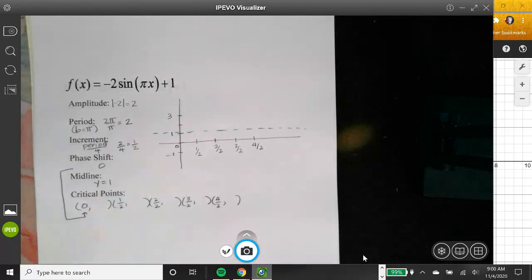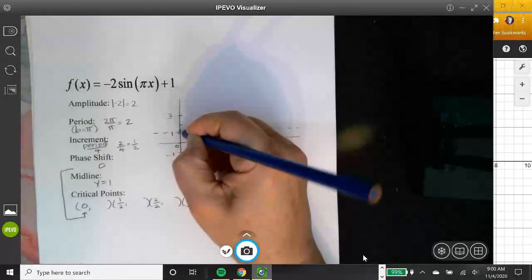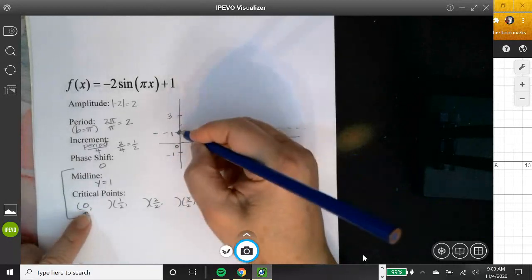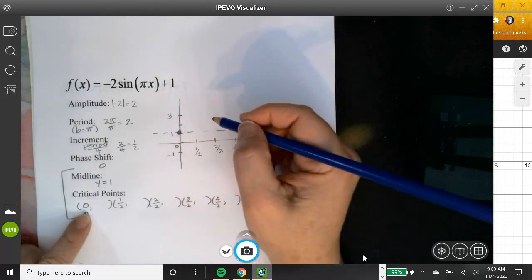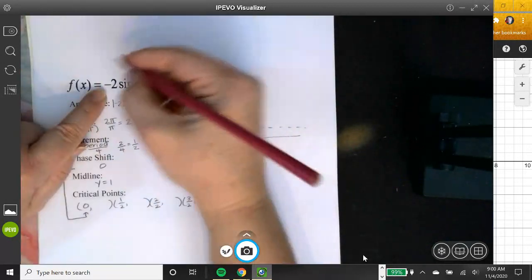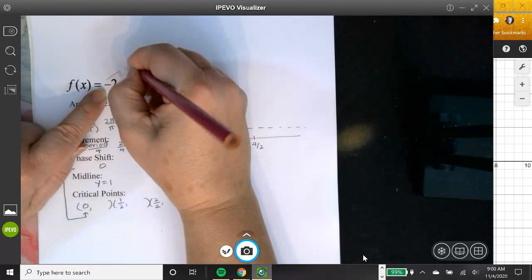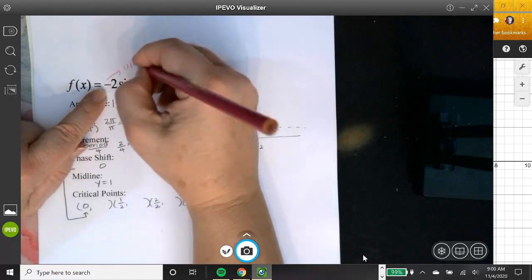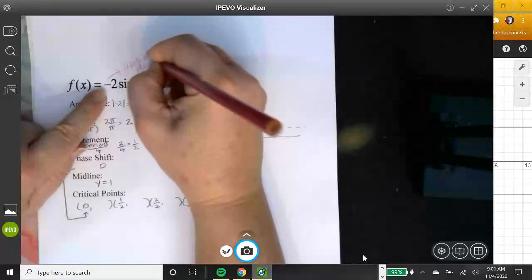All right, so this is what kind of curve? It's a sine curve that starts on the midline. There it is. There's our midline at our critical point. Phase shift critical point. And now this is a negative curve. So what do we know about it? This is upside down. And what's the fancy word mathematically?